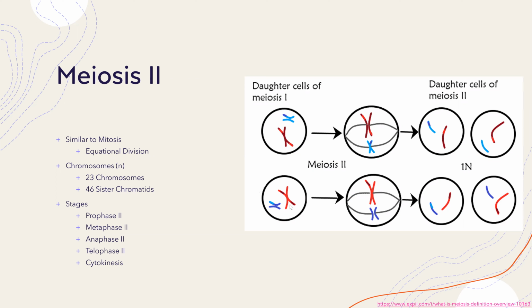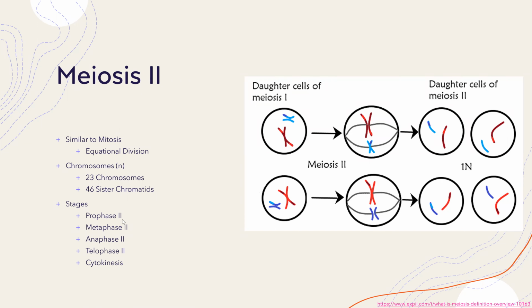And since the sister chromatids have the exact same genetic material, we aren't losing any when we split them apart into separate daughter cells. So it goes from N to N. So the 23 chromosomes and 46 sister chromatids at the beginning of meiosis 2 goes to 23 chromosomes and 23 chromatids at the end of meiosis II.